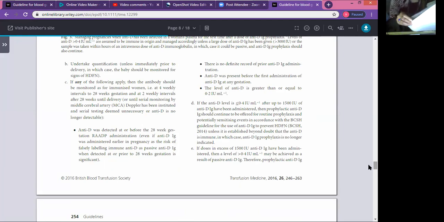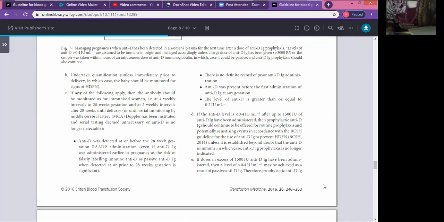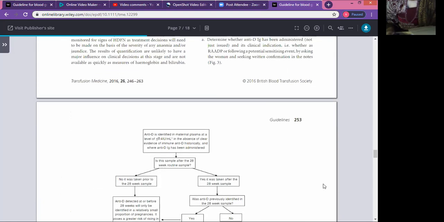Another thing that needs to be taken into account in these cases is not just the titer, but also the administration of anti-D. In all pregnant women who have detectable anti-D, we need to consider what we mentioned earlier in the protocol.